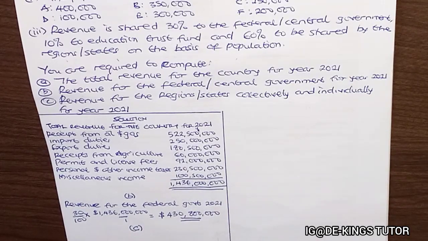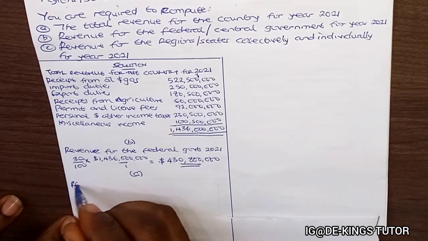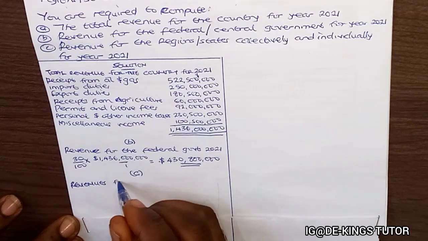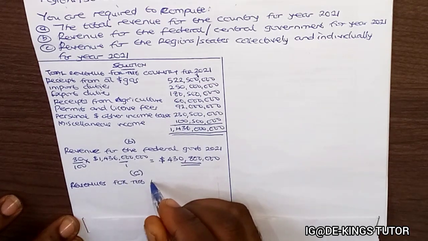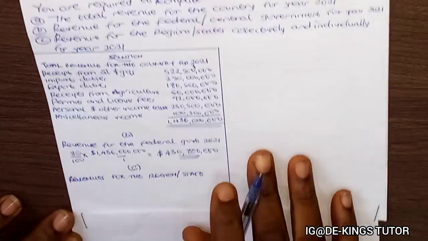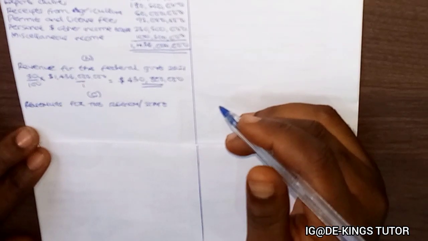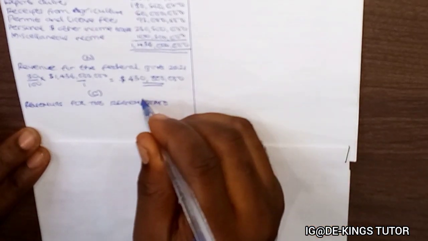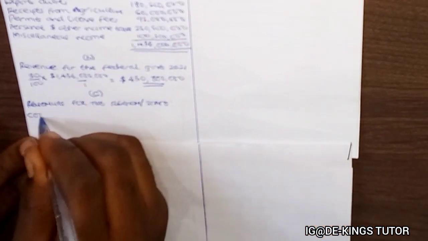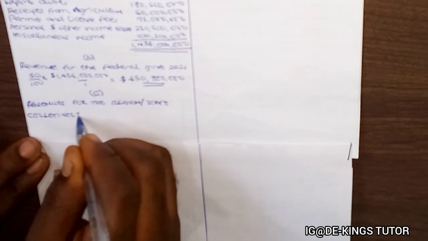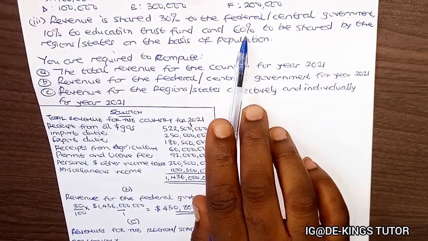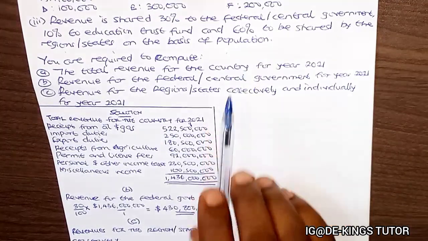So for C, revenues for the regions/states, we're going to have collectively first. Collectively is 60% of the income.